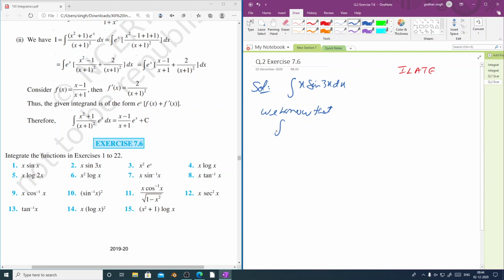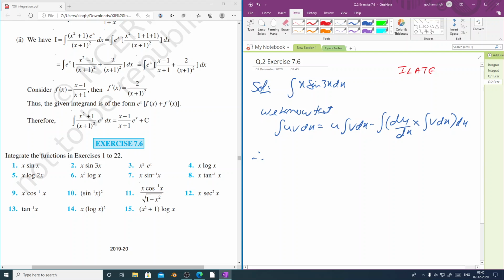We know that integration of u v dx is equal to u into integration of v dx minus integration of du by dx multiplied by integration of v dx, and dx.